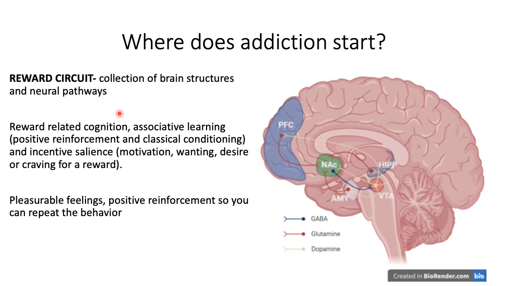The reward circuit is involved in feelings of pleasure, all of the good feelings that you get from eating, from drinking water, from listening to music, all of the things that are associated with motivation, wanting, desire, craving, reward. All of that is associated with the reward circuit.